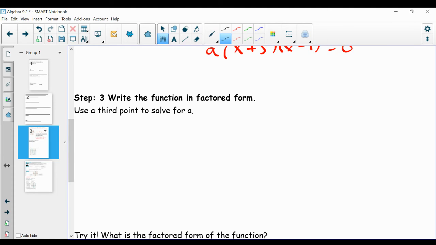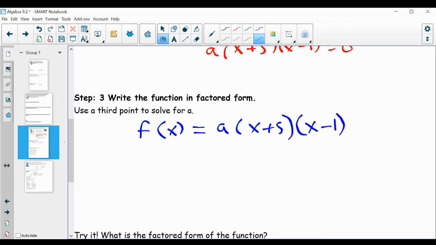When I rewrite this equation, we have f(x) = a(x + 5)(x - 1). Now I mentioned I was going to use the point, the vertex, (-2, -9).